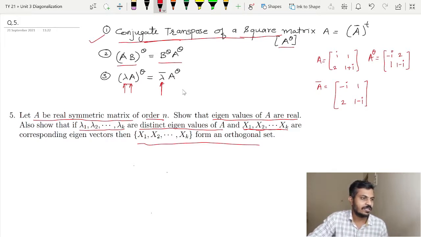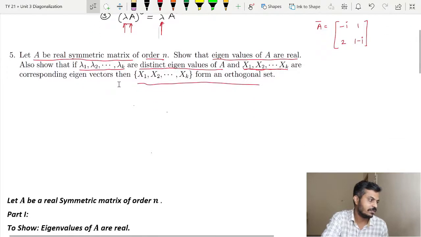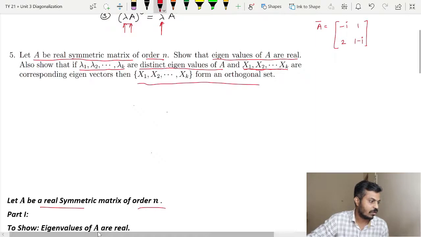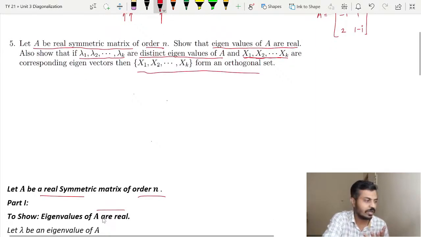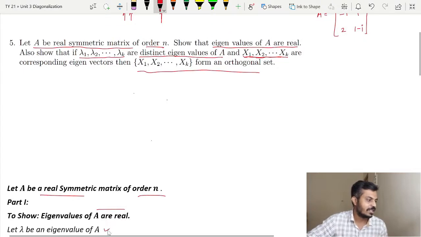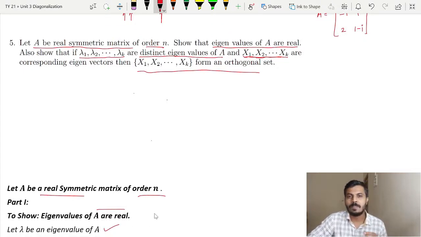So now the question is how to show the eigenvalues of a real symmetric matrix are real numbers. Over here I have started with a real symmetric matrix of order n, and we have to show that all the eigenvalues of A are real. So let us pick one arbitrary eigenvalue of A. Let lambda be an eigenvalue of A. Now I will show that this lambda is a real number.